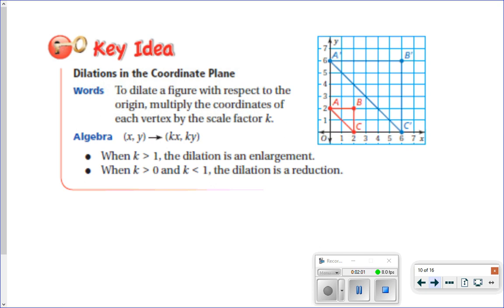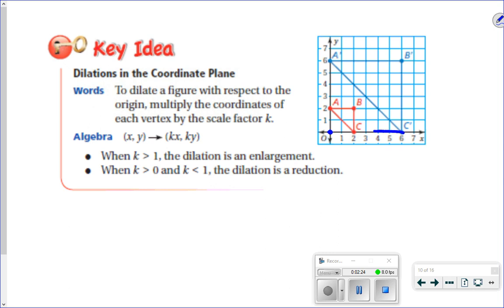All right, so dilations in the coordinate plane. If we are dilating in the coordinate plane, they'll tell you where the point of dilation is. Point of dilation means where the points are getting larger by. So a lot of times when we're doing it in the coordinate plane, at least in this book and the ones we're looking at, origin will be our center of dilation.